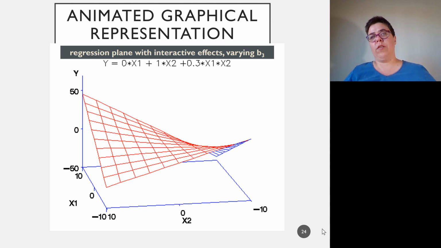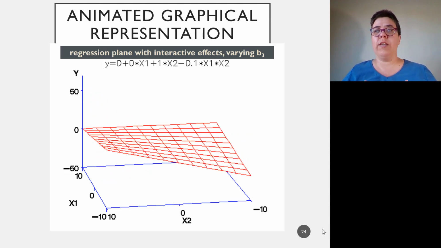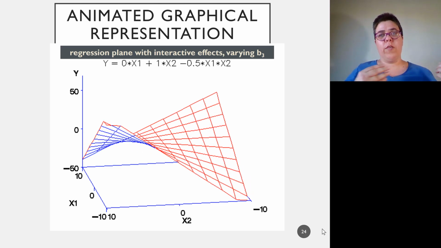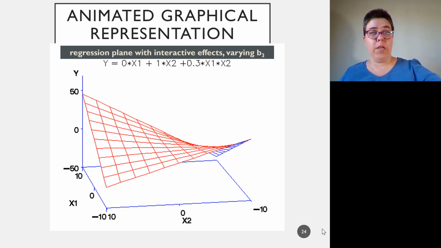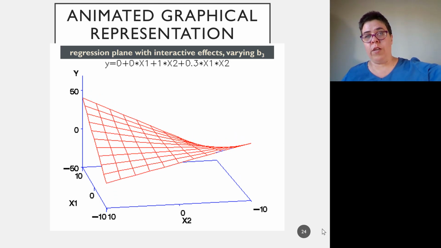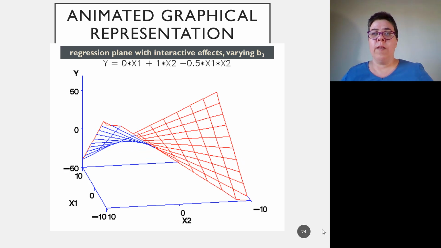A positive interaction coefficient indicates that as the moderator increases, the association of the focal IV to the DV becomes more positive, so it increases in slope to become more steeply positive.